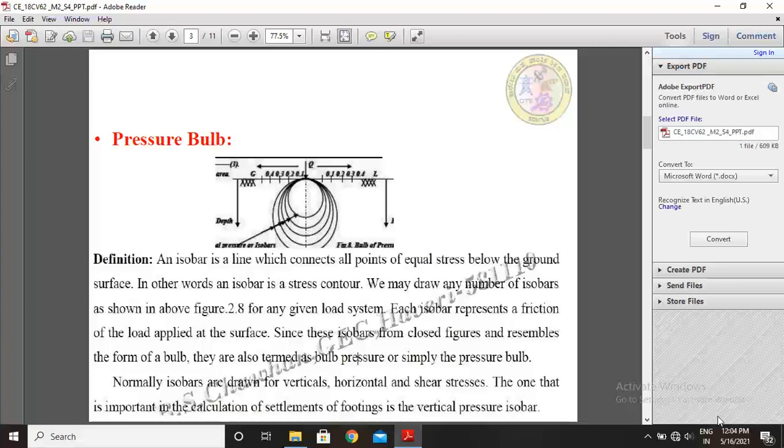So these are the definitions of isobar or pressure bulb. The vertical pressure at each point on the pressure bulb is the same. Normally, isobars are drawn for vertical, horizontal and shear stresses. The one that is important in the calculation of settlement of footings is the vertical pressure isobars.